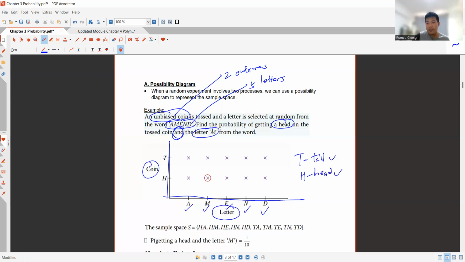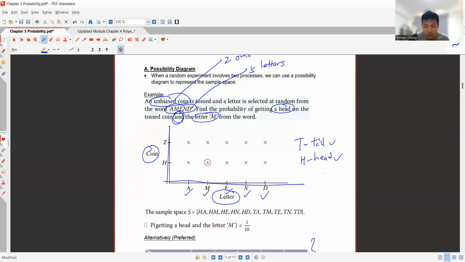You have to state it at the side. Okay, then after that, they just put a cross if there is an outcome for this combination. Let's say the first outcome, you put a cross here, meaning that you will get the letter A from the words, and the head from the coin, meaning that this outcome is possible, then you put a cross.